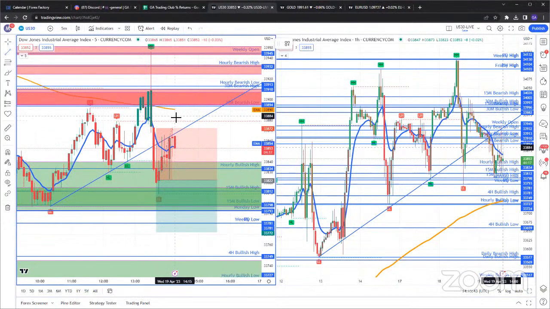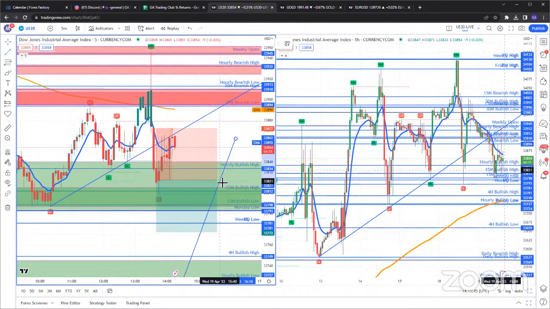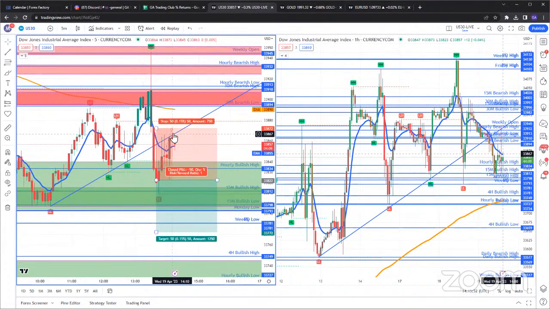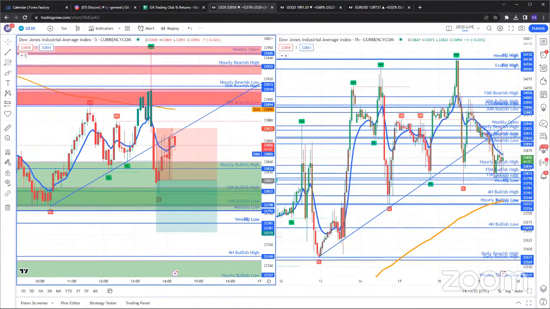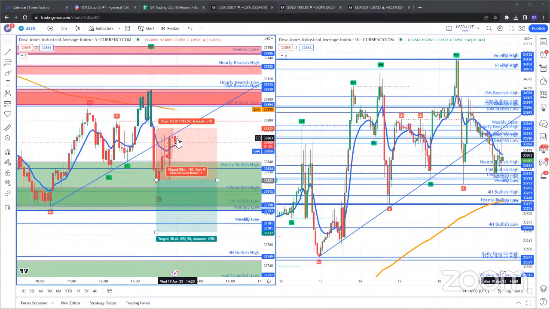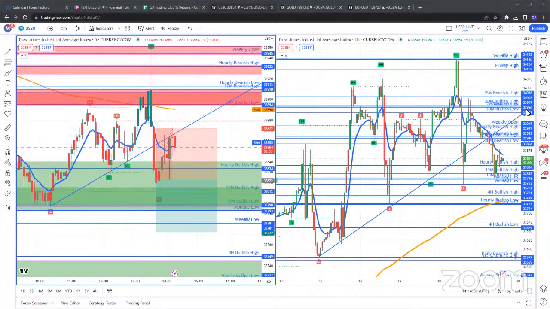If we get a closure above the trend line and then retest and closure above, that will be something to look out for. But right now you can see whatever is happening to price is determined by this particular trend line.